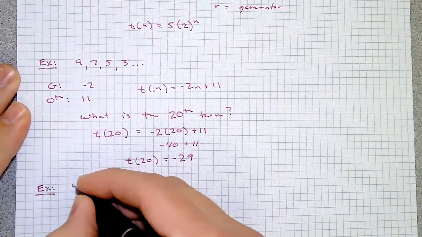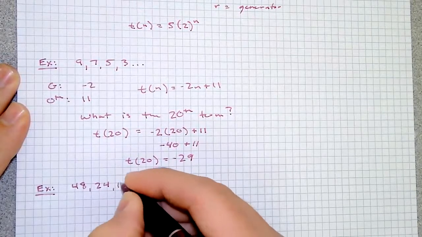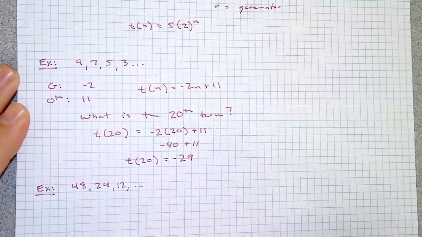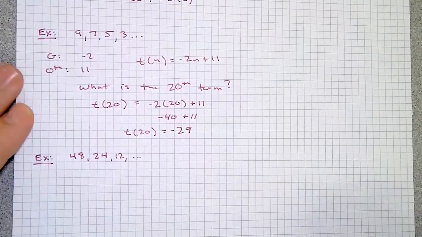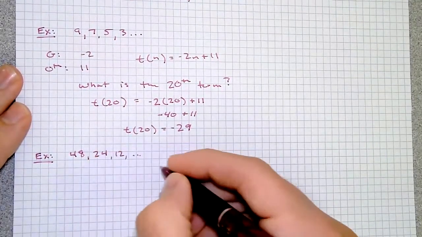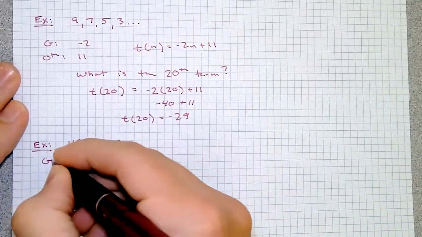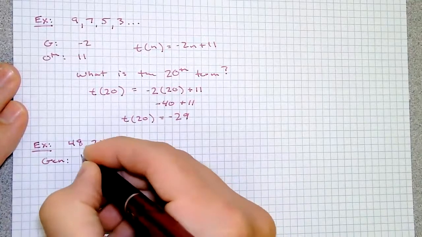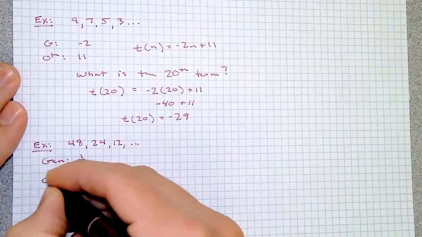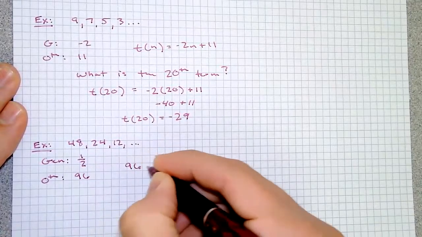Okay. The other one, let's say we had, and again, we identify it as geometric. Our generator is 1/2. Our 0th term was 96.